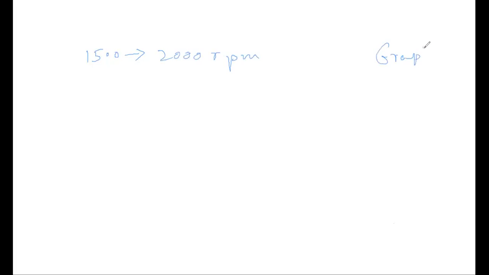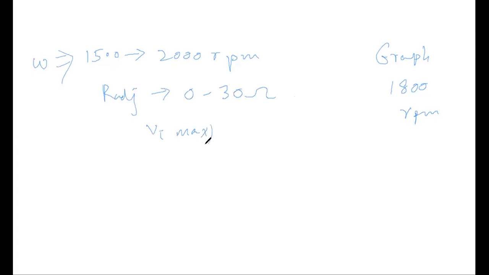So we have to be very careful that we cannot read off the values from the graph corresponding to 1500 and corresponding to 2000. So we are varying the omega in this range. And what else is the guy asking us? Okay, so we are varying the RPM in this range and we are varying R adjustable in this range, 0 to 30 ohms. And we want to find the maximum and minimum VT. So we want to find VT max and VT min.